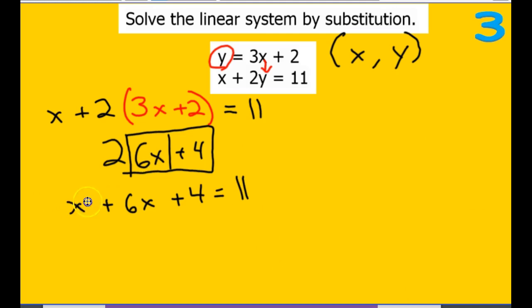Now, if we have an x by itself, we know that there is a 1 in front of that x. So now we have 1x plus 6x plus 4 equals 11. So we're going to combine our like terms. So 1x plus 6x, well, that gives us 7x plus 4 equals 11. So now to solve for x, we're going to subtract 4.